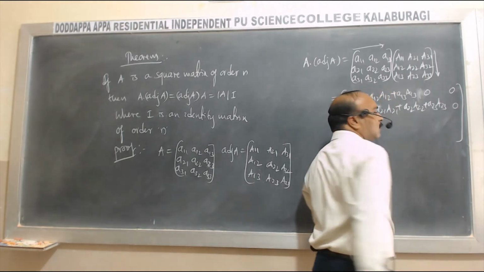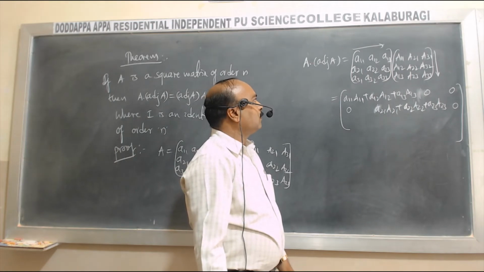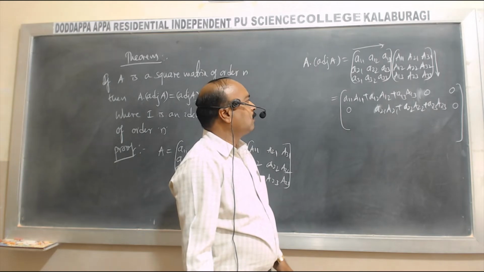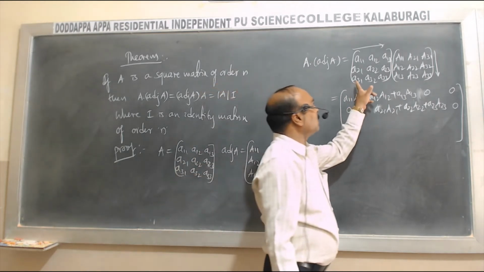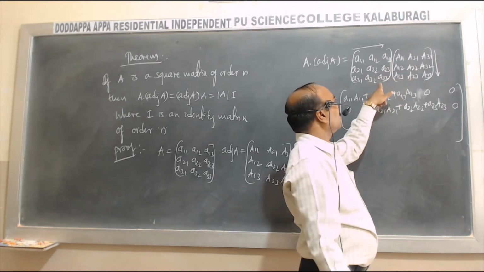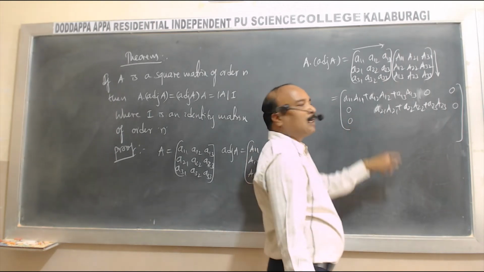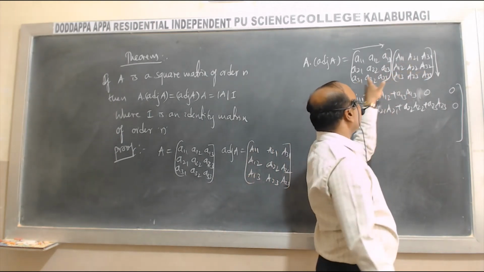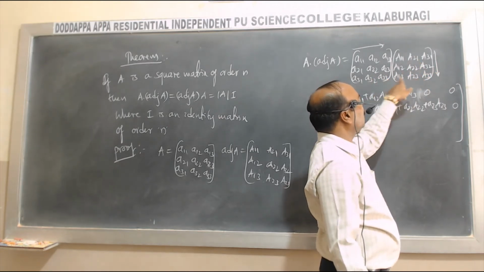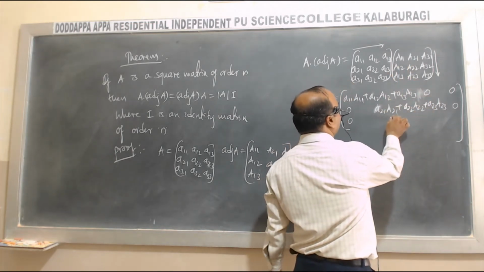It is also equal to 0 because it is the sum of product of the elements of a row with the cofactors of another row. Similarly the third row: a31 A11 plus a32 A12 plus a33 A13 is also equal to 0. Next, third row, second column: a31 A21 plus a32 A22 plus a33 A23. Here also the rows are different, so it is equal to 0.